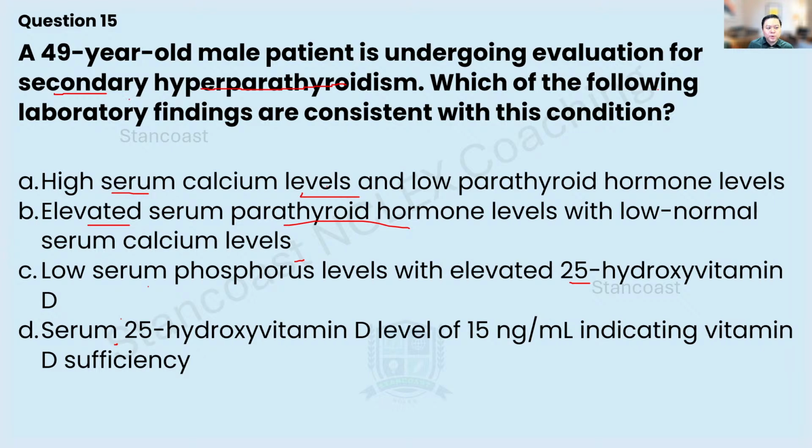Remember that you have a patient that has secondary hyperparathyroidism. So if you selected A, high calcium, low PTH, this is not typical on a patient with a low parathyroid hormone. This is not a typical manifestation of a patient with a secondary hyperparathyroidism.